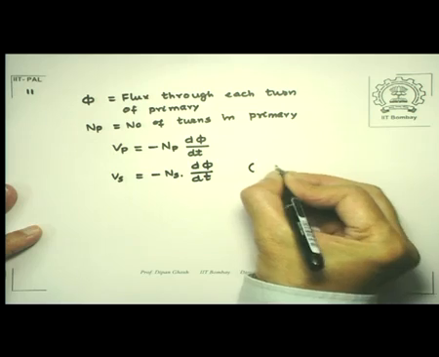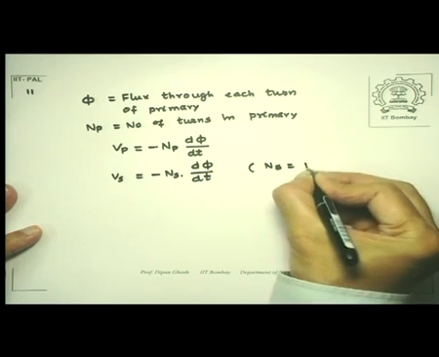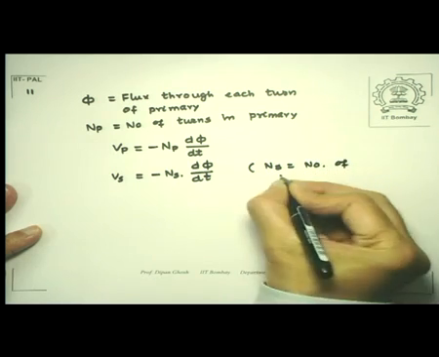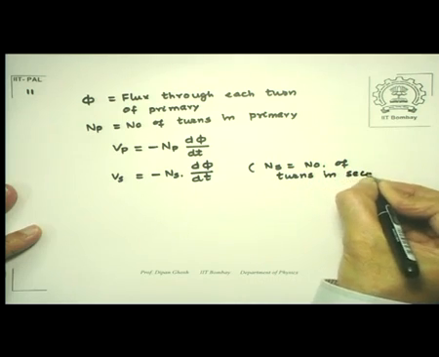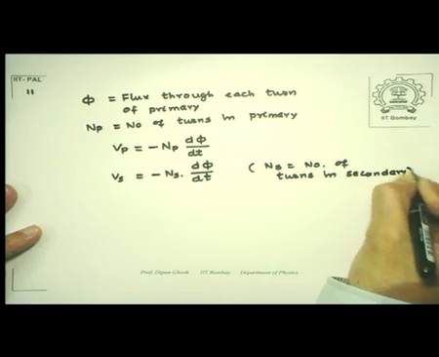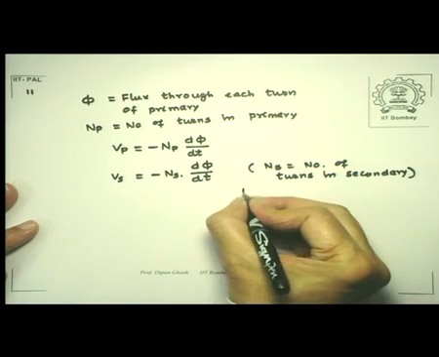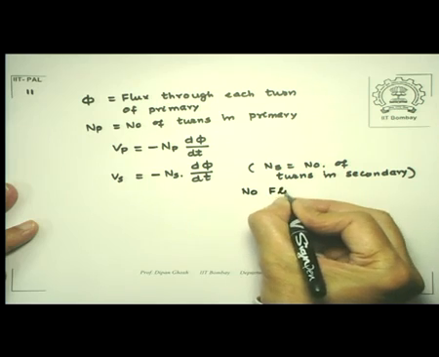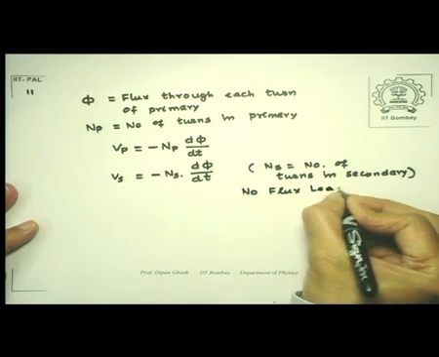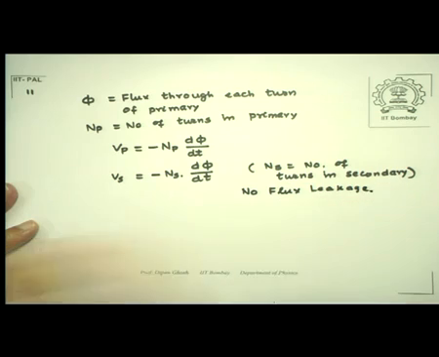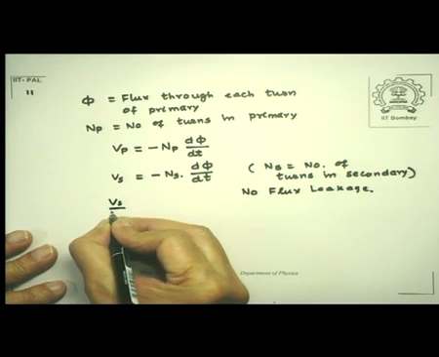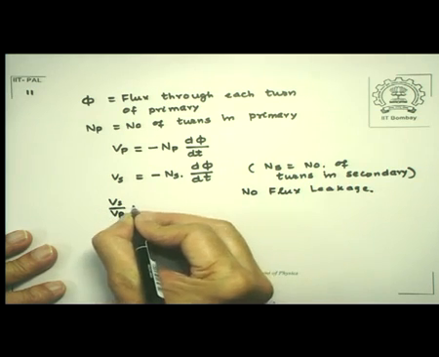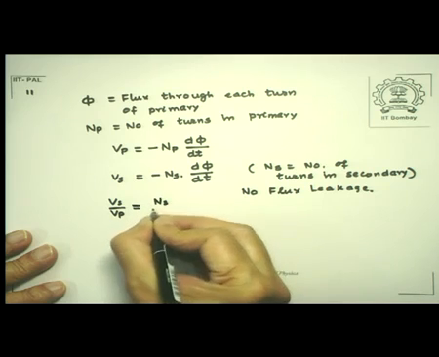So assume Ns equals the number of turns in the secondary, and no flux leakage. If you compare these two expressions, you immediately get the ratio Vs by Vp is equal to Ns by Np.